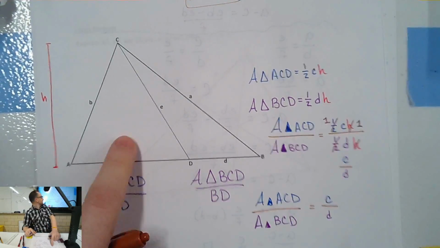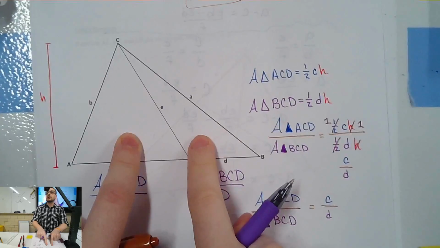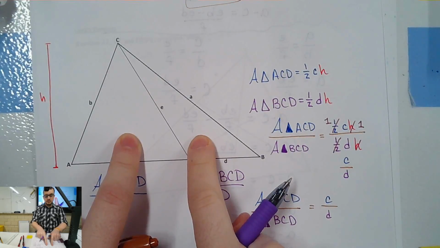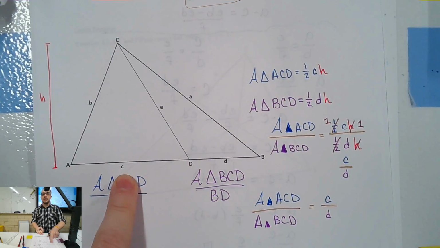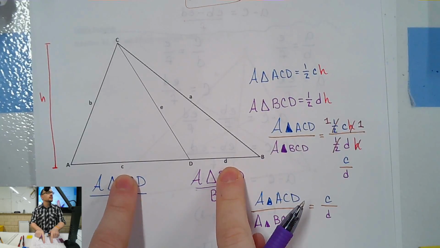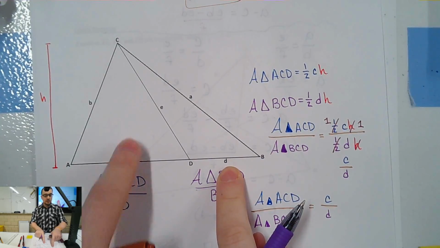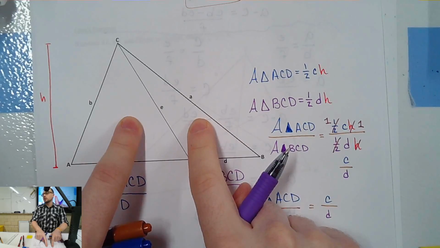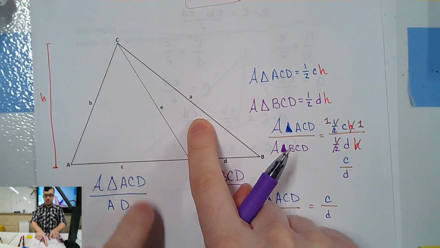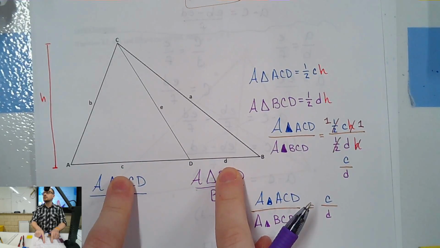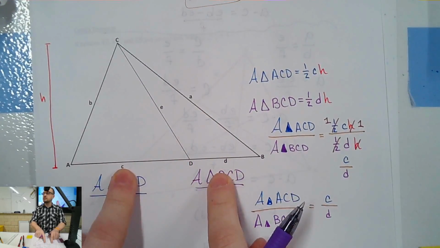Meaning that if this area is twice as big as this area, this base will be twice as big as this one. So if I know this area is 12 and this area is 6, they're related by double. That means if this base was 3, this would have to be 6. So if these are double, then these are double.